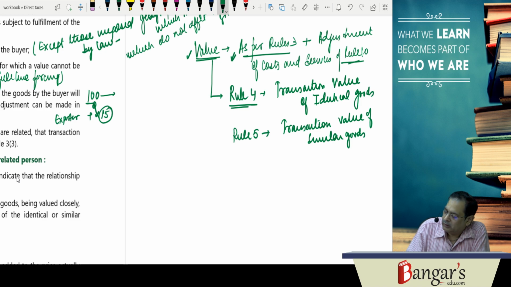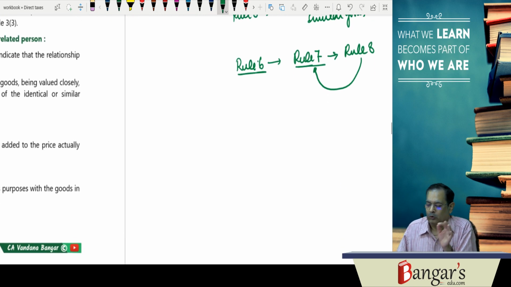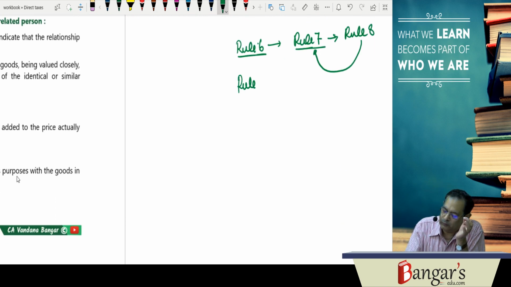Then what does Rule 6 say? Rule 6 says the value will be determined as per Rule 7, and if the value cannot be determined as per Rule 7, then we have to go to Rule 8. But at the request of the importer, the order of application can be reversed, that first Rule 8 and then Rule 7. Rule 7 is basically deductive value.